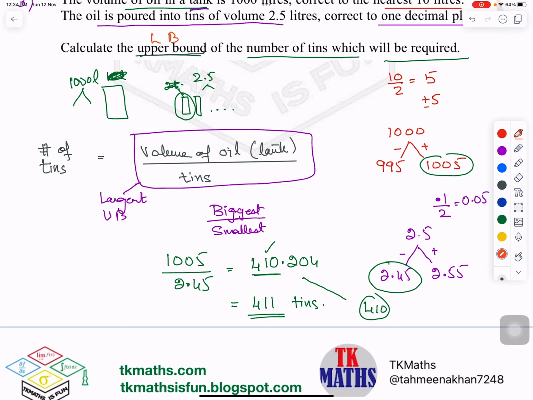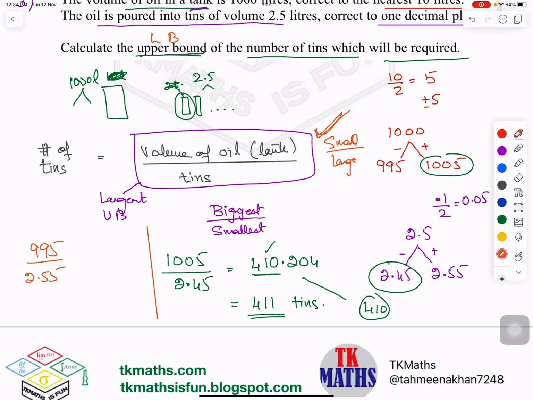Then to make this smallest, I should have taken the small value in the numerator and the large value in the denominator. Then in that case, I would have taken 995 in the numerator and 2.55 in the denominator. Are you understanding?